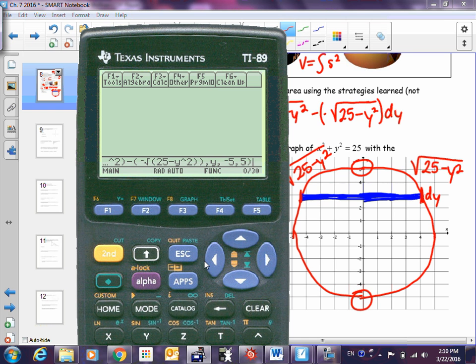The more you practice that, the easier it'll get. If you wait until the first quiz to practice this, you will get an error and you will not be able to figure it out in the time allowed. You've got to be able to put the time in on this.